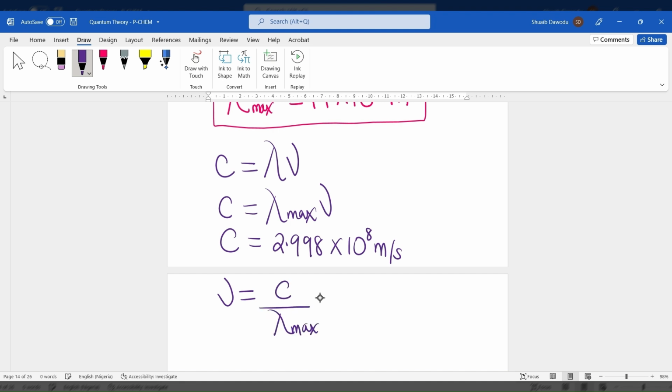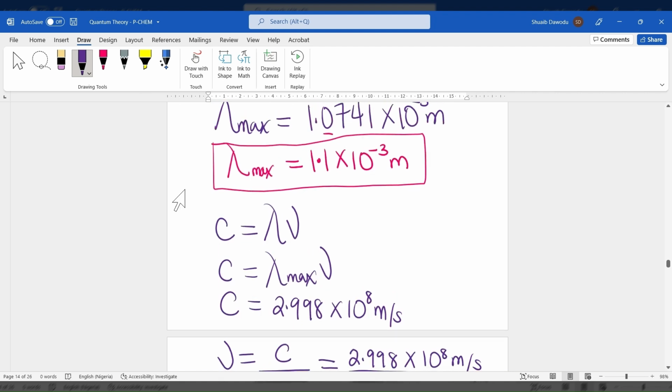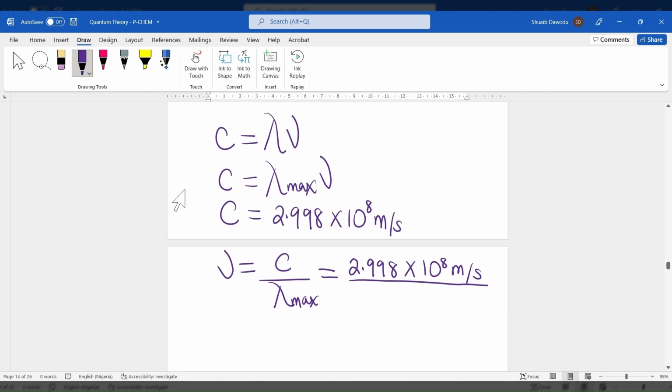That's all you do. You substitute: 2.998 times 10 raised to the power of 8 meter per second divided by the wavelength at maximum, 1.0741 times 10 raised to the power of negative 3 meter.